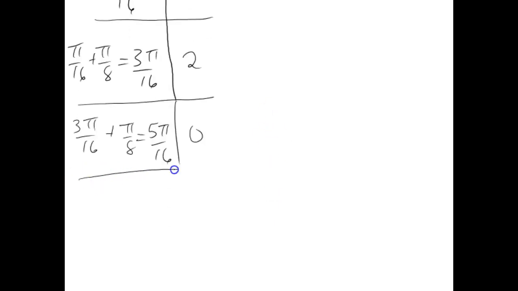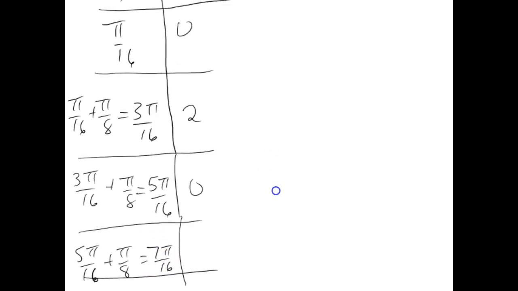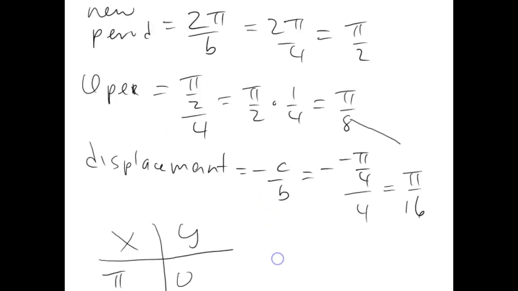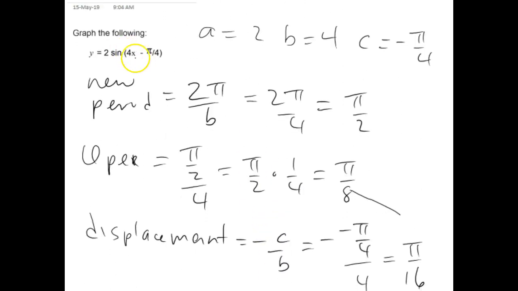How do we find our next point? Because we want to find 5 points. We take our 5 pi over 16, add our quarter period, and this would give me 7 pi over 16. Again, we take the 7 pi over 16, place it into the x right here. So 4 times 7 pi over 16 would be 28 pi over 16.